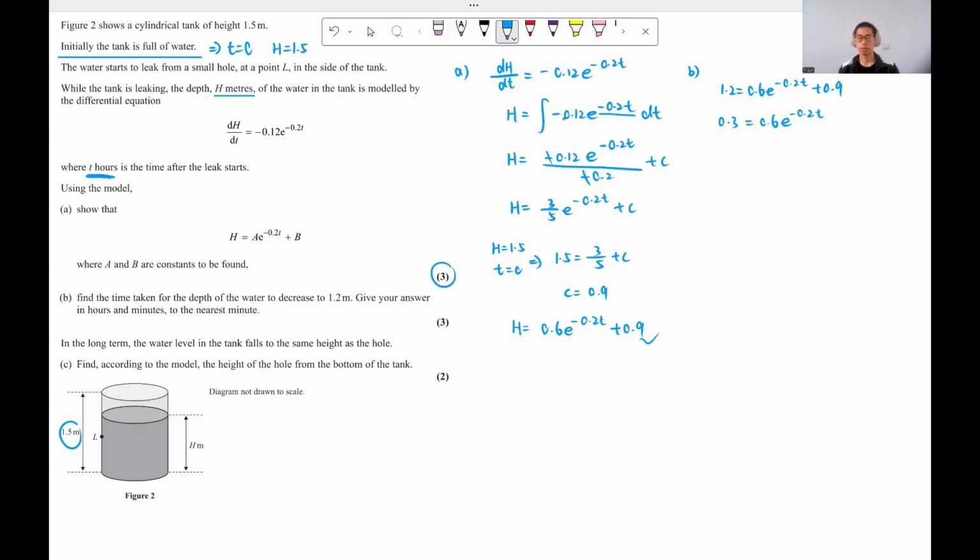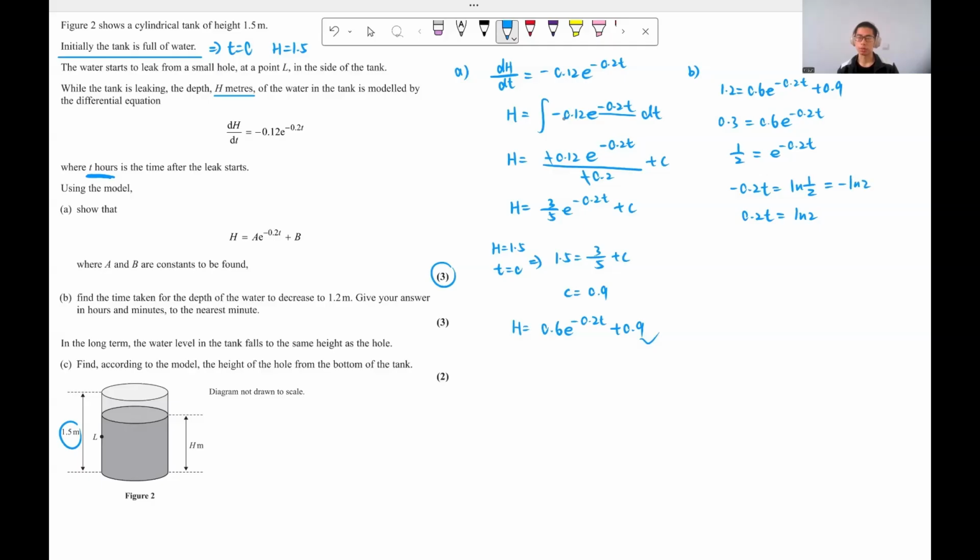And then divide by 0.6. So 0.3 divided by 0.6 is just equal to 1/2. So 1/2 equals e to the power negative 0.2 t. So that means negative 0.2 t is just equal to ln of 1/2. And then 0.2 t should be the same as ln 2, because ln 1/2 is the negative of ln 2.